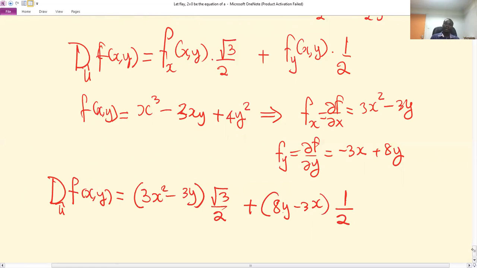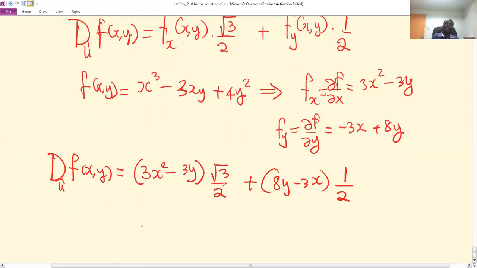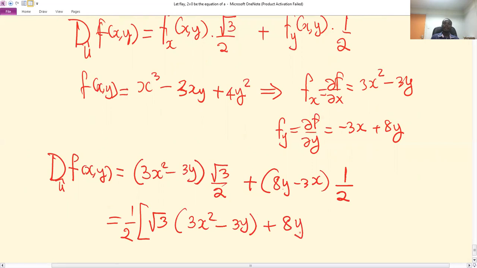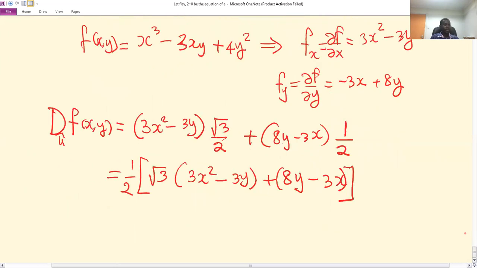We can rearrange this: a half is common, so we factor out a half, giving root 3 times (3x squared minus 3y) plus 8y minus 3x. Or we can just put brackets here. So this is a solution.